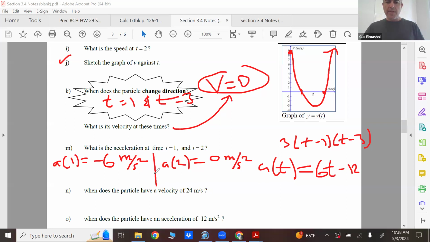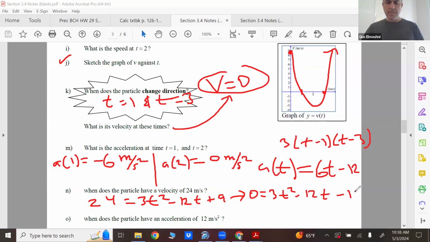Okay, when does the particle have a velocity of 24 meters per second? Well, 24. Factor out 3.